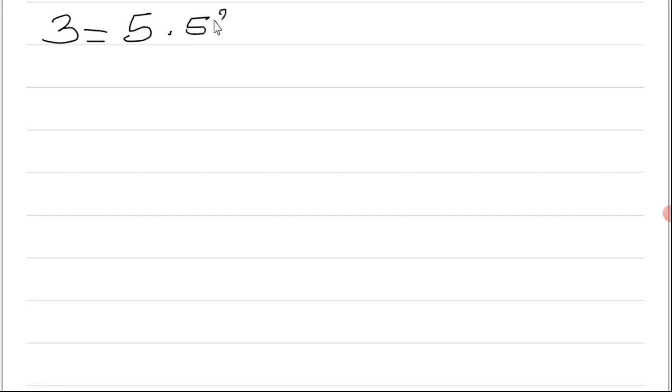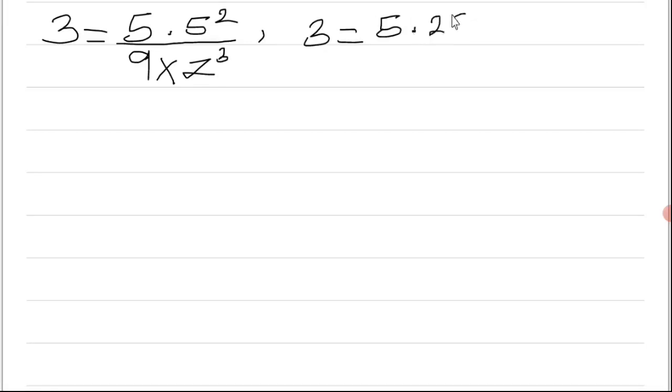We have 5 times 5 squared over 9 times Z raised to power 3. So 3 is equal to 125 over 9Z cubed, and we cross multiply.